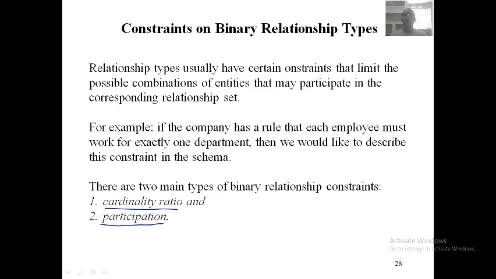These two are called constraints on relationship types. Which relationship type? Binary relationship type. Is it clear now? We'll discuss these two constraints, cardinality ratio and participation, in detail.